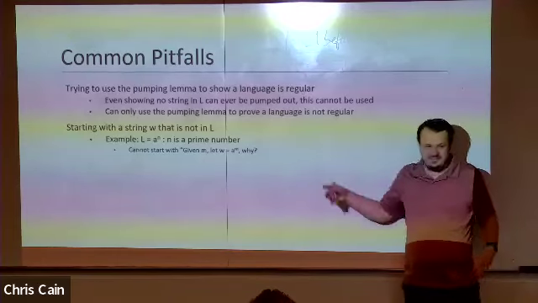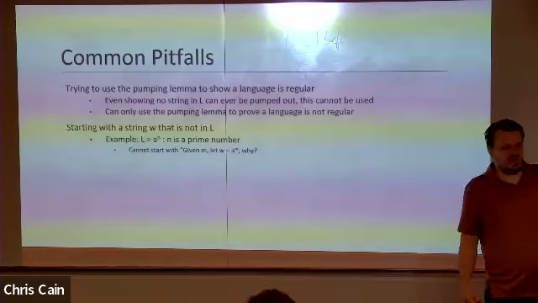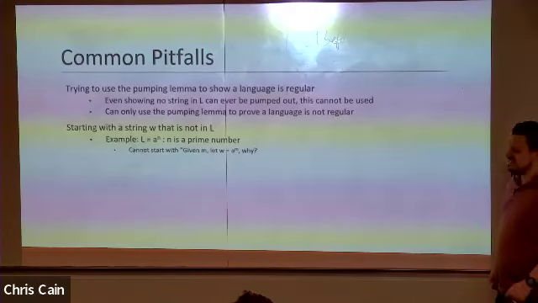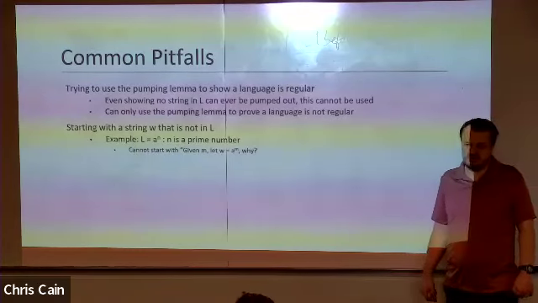So it can be hidden like this, where it's not blatantly obvious that your choice is not in the language. You actually have to think a little bit deeper and say, is this guaranteed to be in the language?